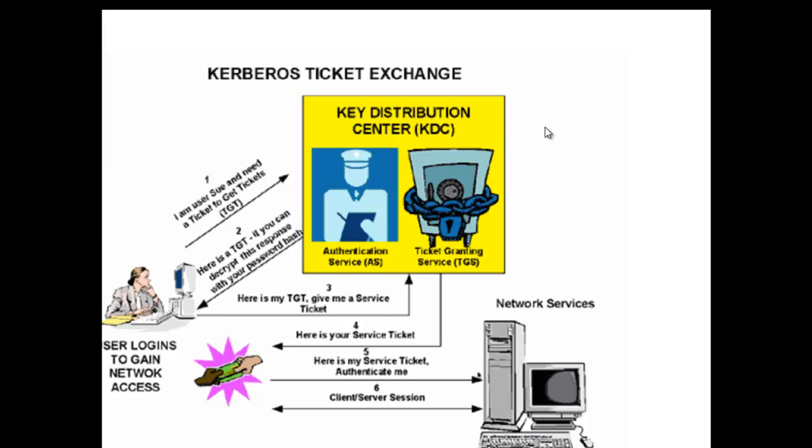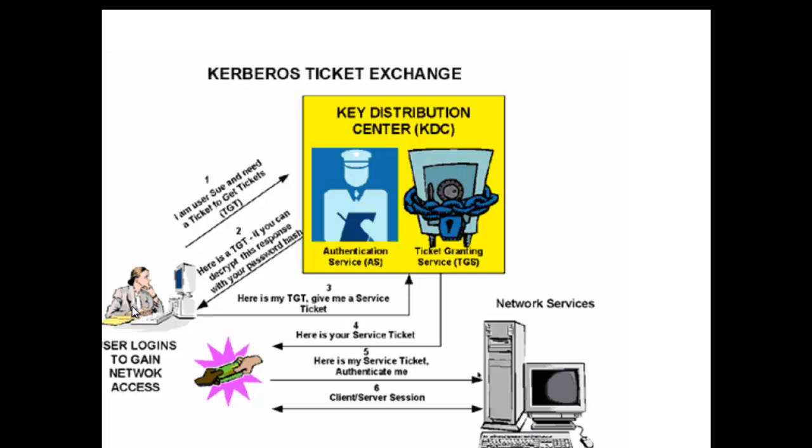Within Active Directory, we have what we call the Key Distribution Center. The Key Distribution Center has two parts: the Authentication Service part, referred to as AS, and the Ticket Granting Service, referred to as TGS. Now here's the client on the left-hand side.